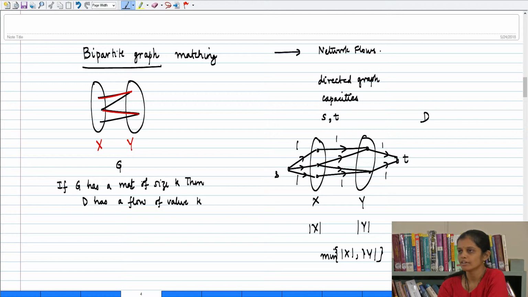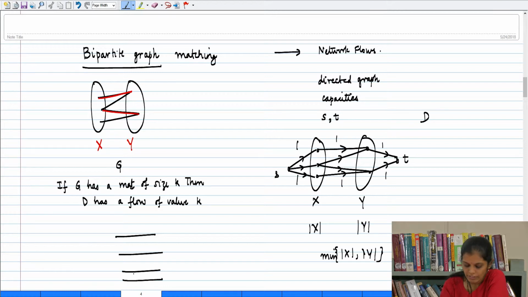So is this simple enough given the way we have set up our flow network? Suppose you have a matching of size K, that means you must have these disjoint edges, where K many edges are present in the bipartite graph G. How can you show me a flow function which is a valid flow function in the graph D and also has a value of K, right?